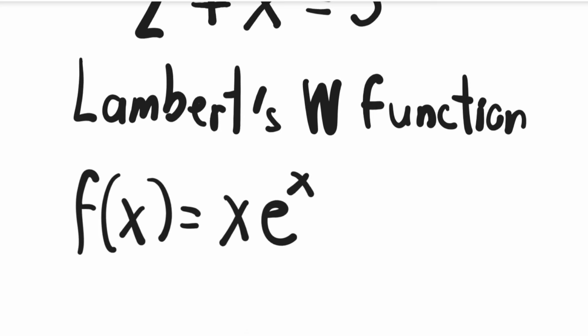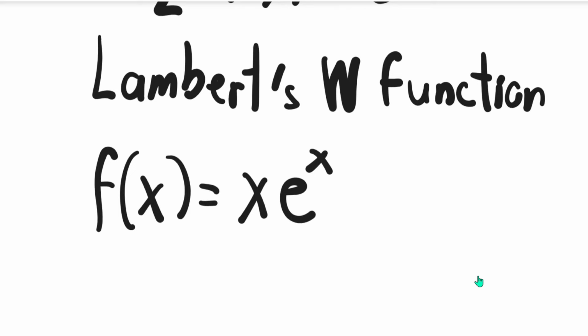But since in this case you can't simply isolate for x, we come up with the function W, and we say that W is the inverse function of this one over here. So to make this more accurate, instead of x, we want this to be w.